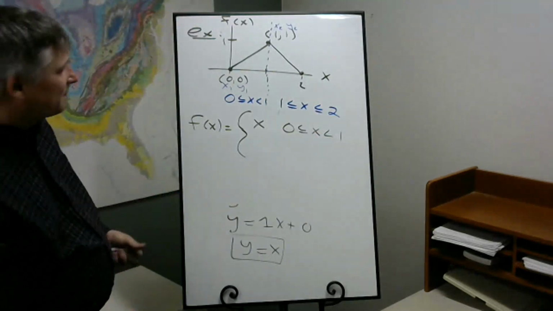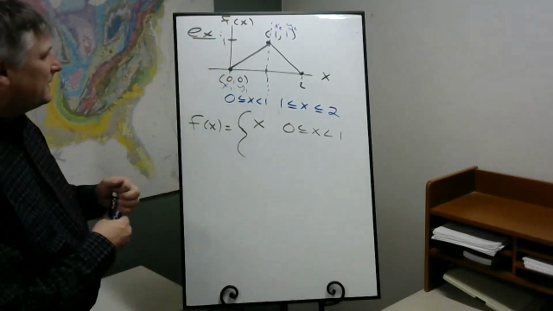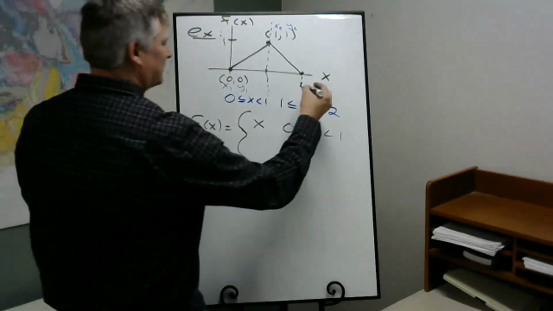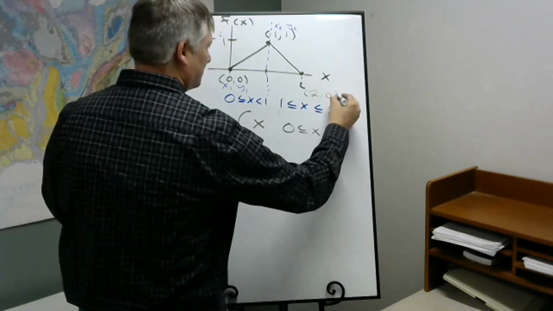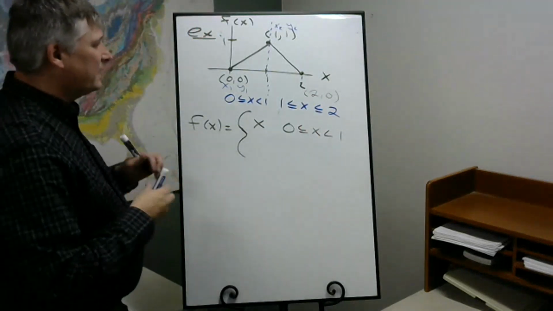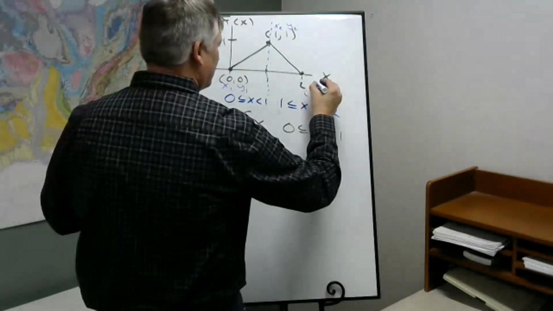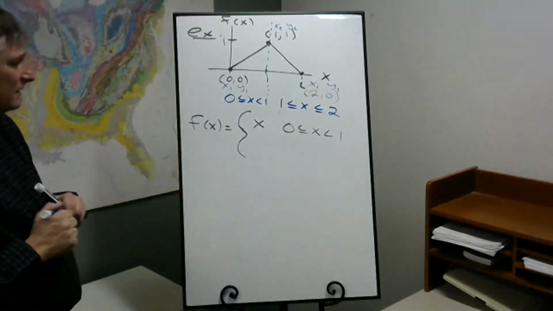So we need the second phase. And again, the coordinate here, we're going to need this. The coordinates of that point are 2 and 0. And we can call this x1, y1 also.